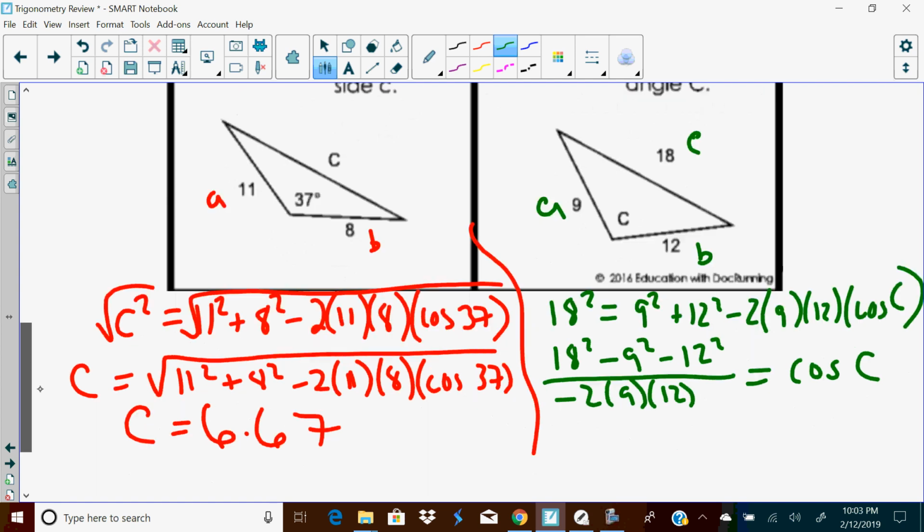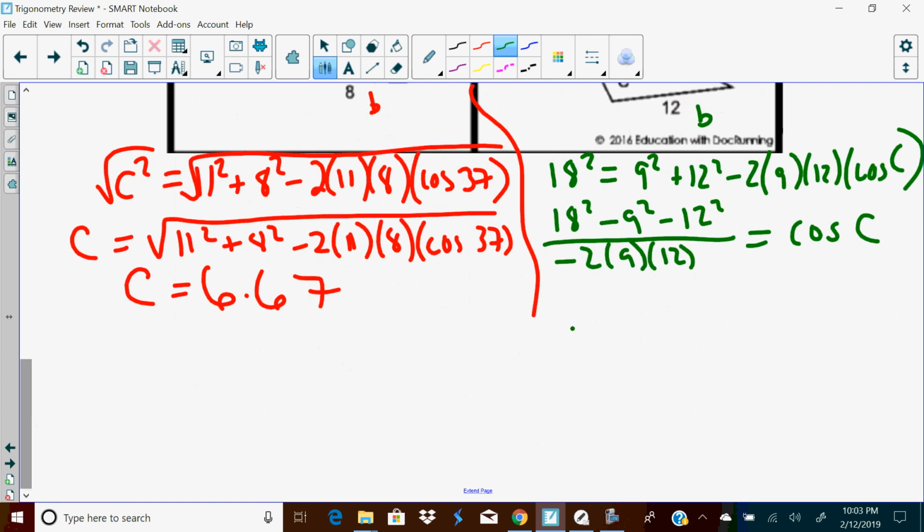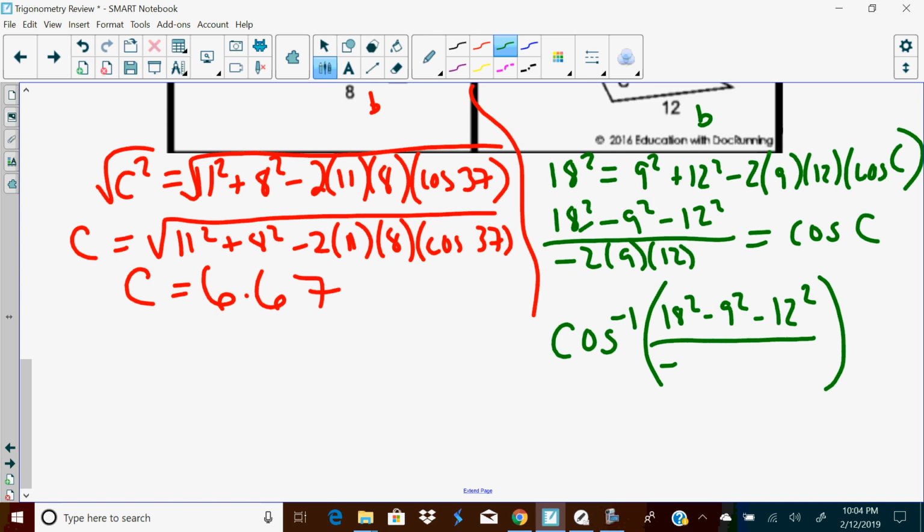So basically, I'm just going to put in my calculator the inverse of cosine of this whole thing. And that's going to be the answer. So it ends up C is approximately 117.27 degrees.